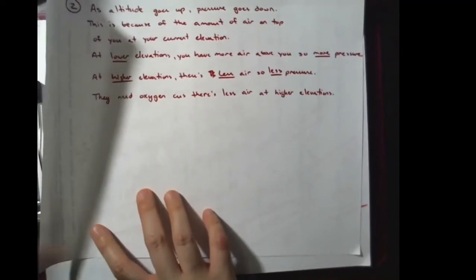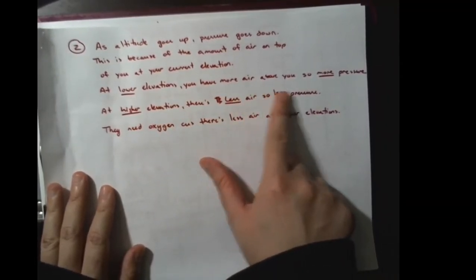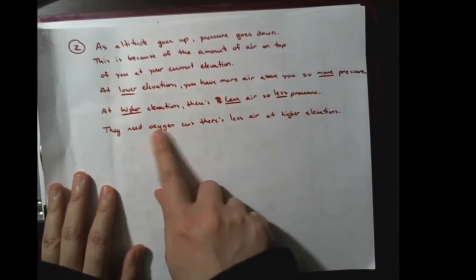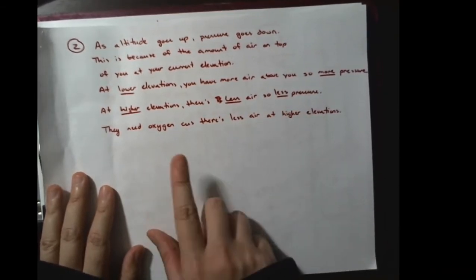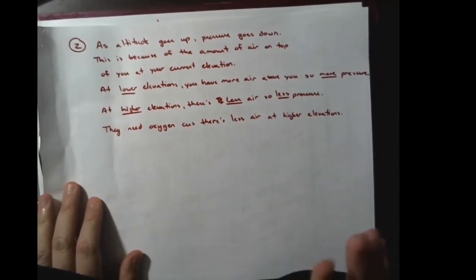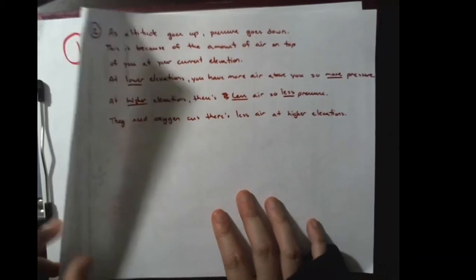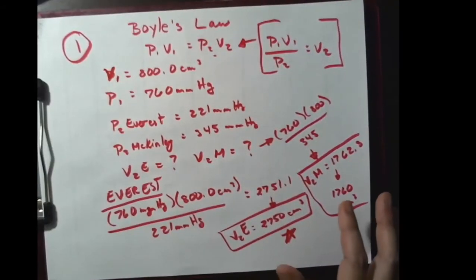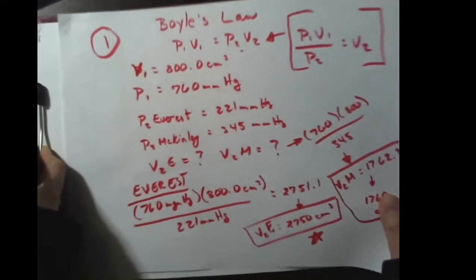At a lower elevation, you have more air above you, so you have more pressure. At a higher elevation, there's less air, so there's less pressure. So that's why they need more oxygen. Once you go higher, there's less air. So you need air. So that's question 2.